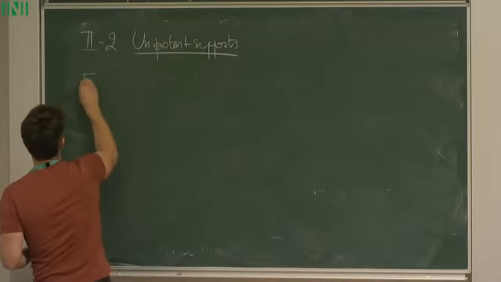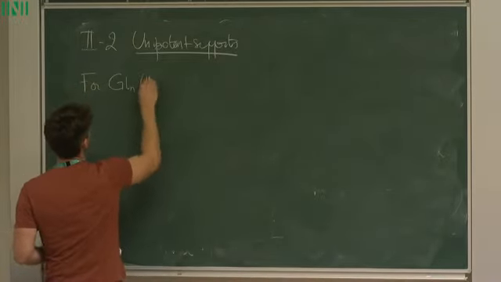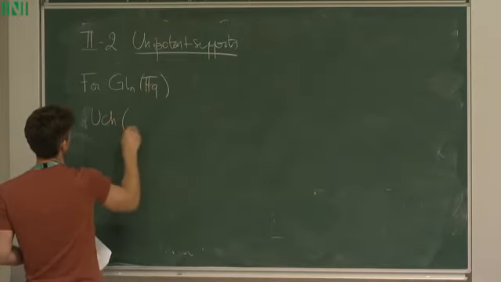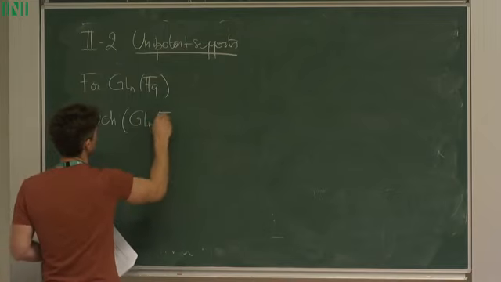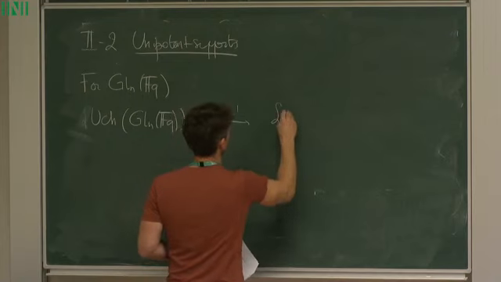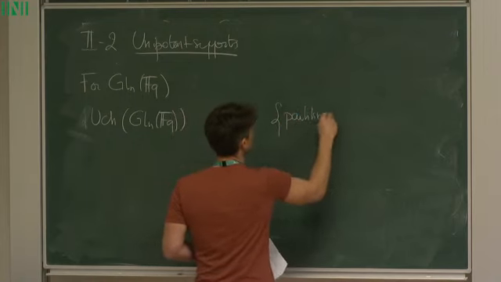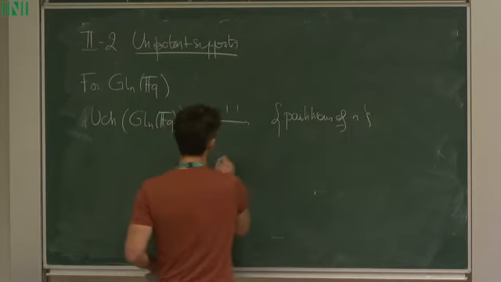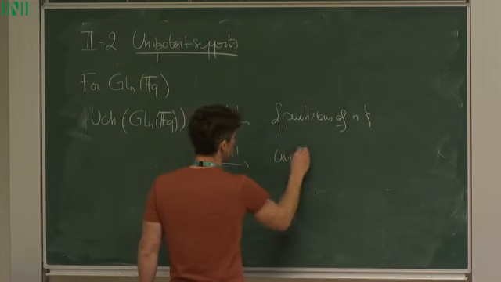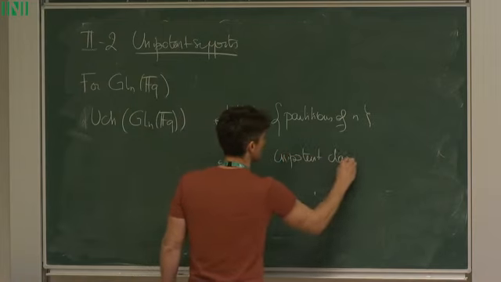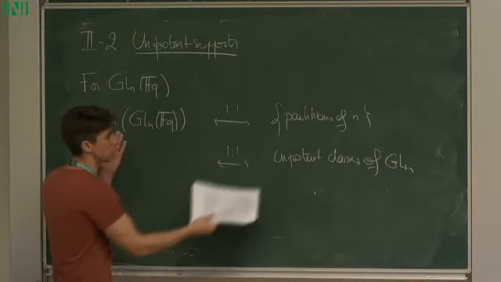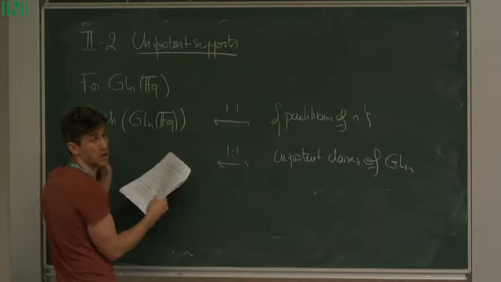So for GLN, you have the unipotent characters of GLN of FQ. I just said that they were parameterized by partitions of n, which are in turn labeling the unipotent classes of GLN. Okay, so you get an obvious correspondence between the unipotent classes of GLN and the unipotent characters of GLN.